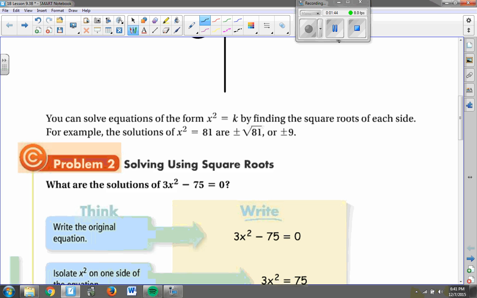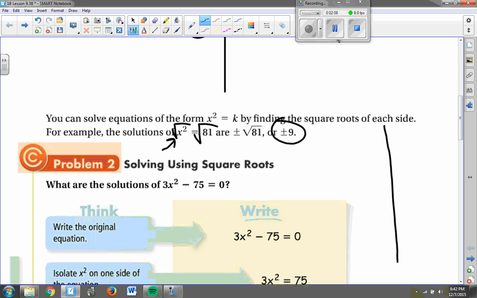So remember, when we see x squared is equal to 81, and we want to get x all by itself, we need to undo the squaring, and to undo squaring, we use the square root button. So we square root the x squared, we square root the 81. So our answers are positive or negative 9.